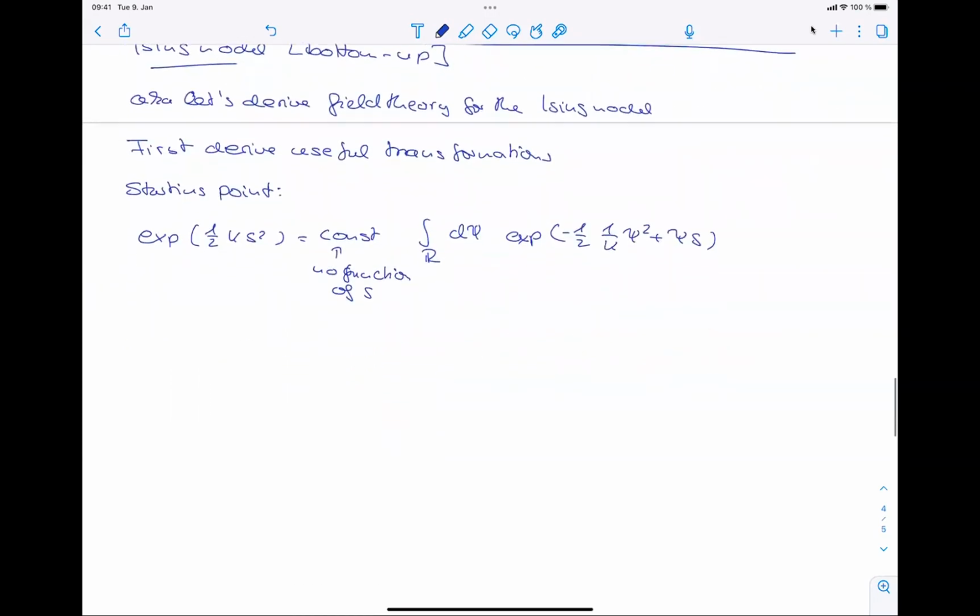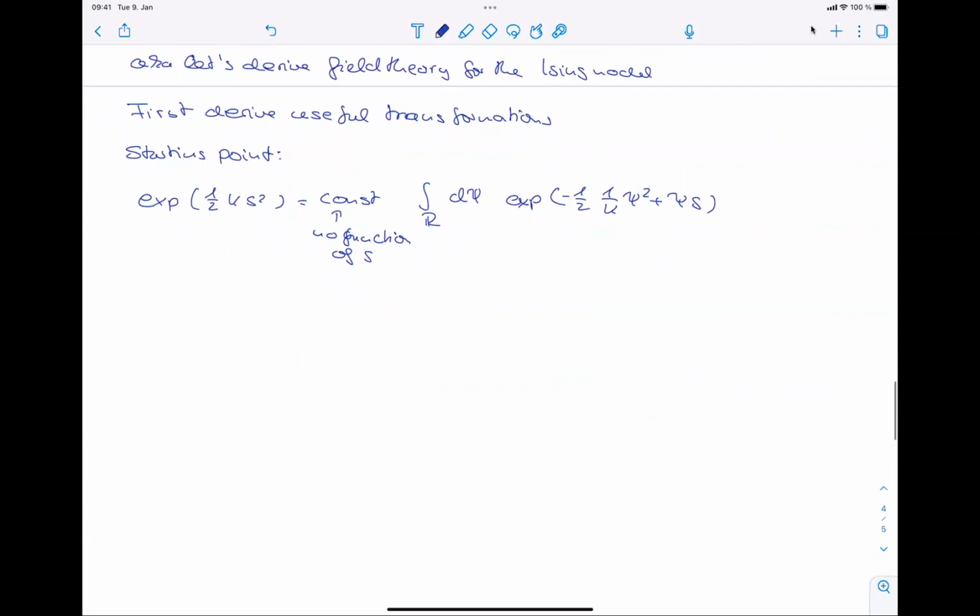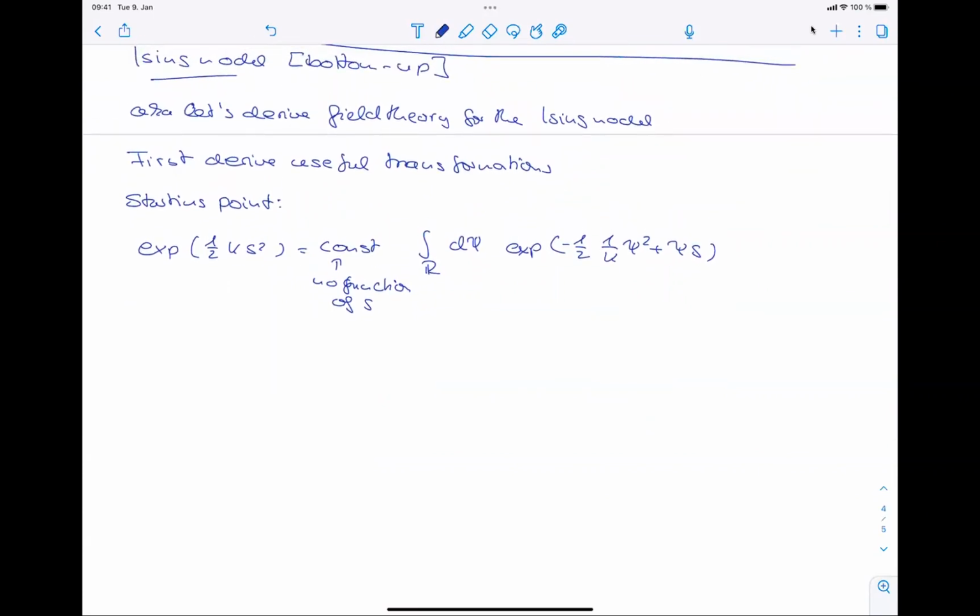You will see why these transformations will become useful later on.